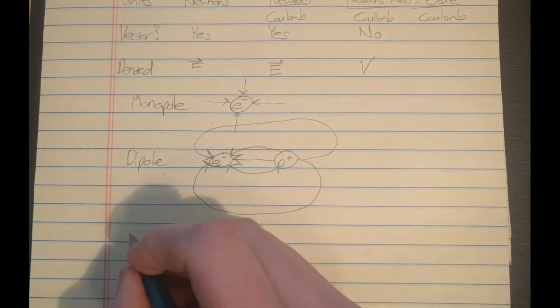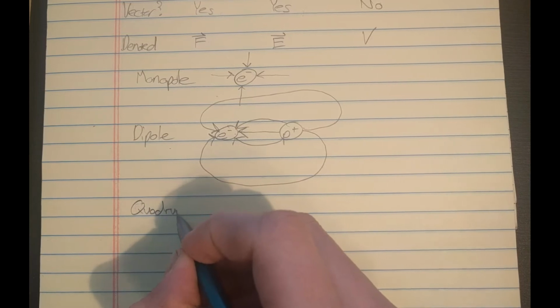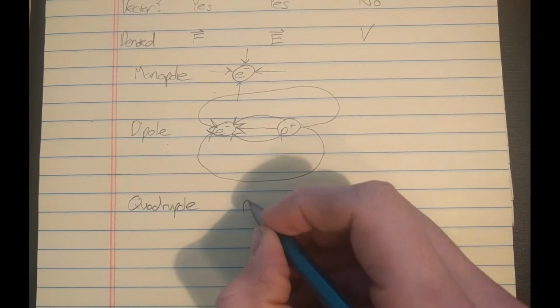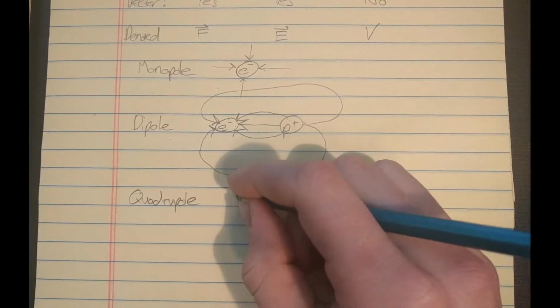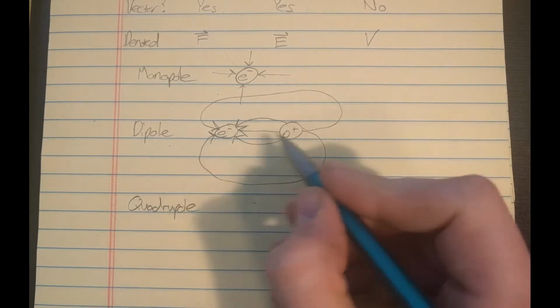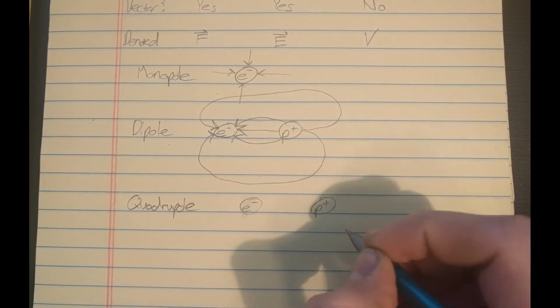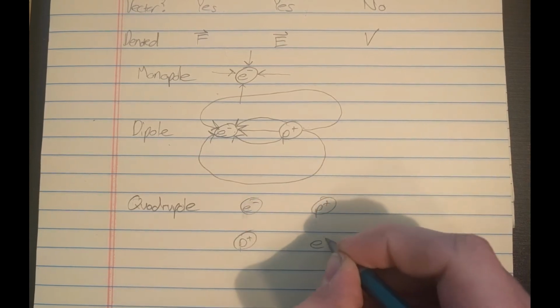And similarly, we can also have things called quadrupoles. That's like if you take the same dipole we got here, with our electron and our proton, and then put a proton here and an electron here.